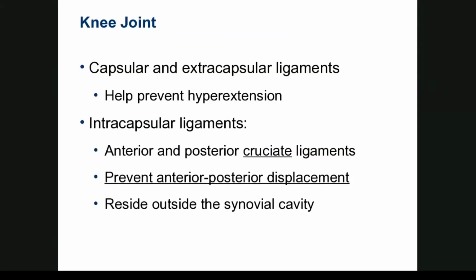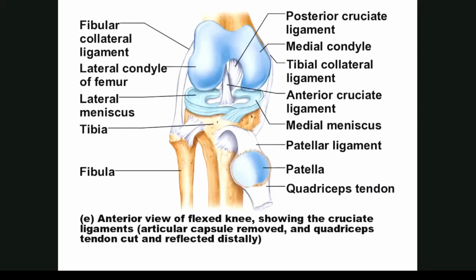Okay, slide. There we go. Okay, now we have ligaments. The cruciate ligaments prevent anterior to posterior displacement, and they are extracapsular. They're outside of the synovial cavity. They're covered by synovial fluid. So here we have our posterior cruciate and anterior cruciate, and here you can really see how the menisci work.